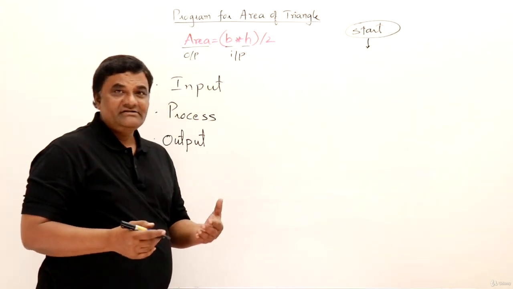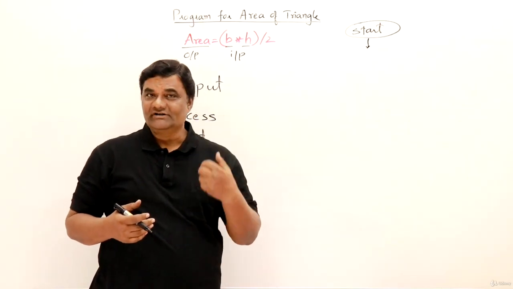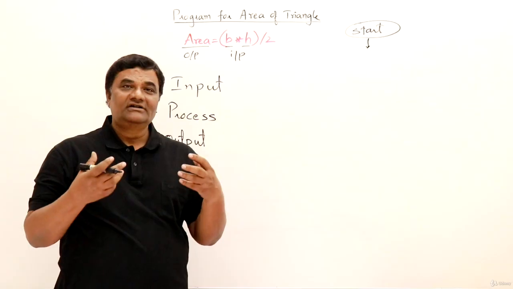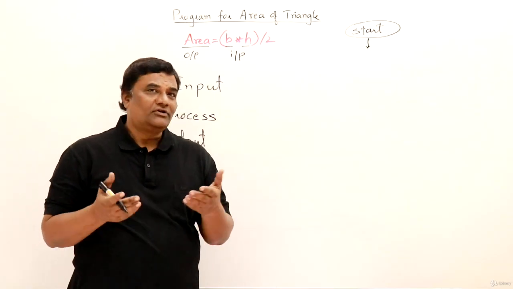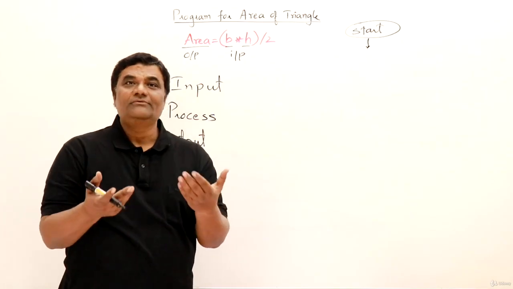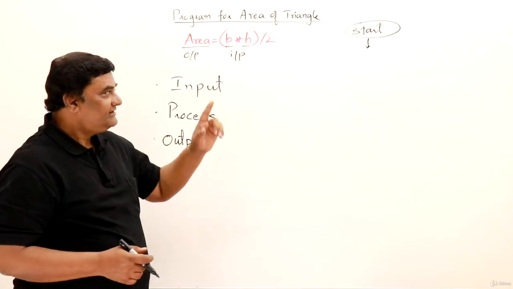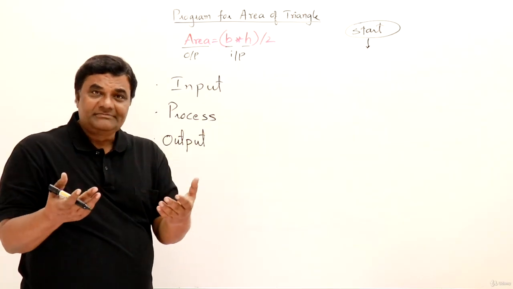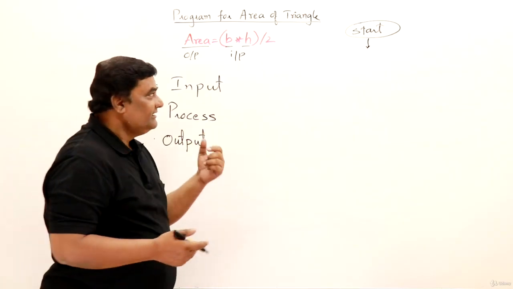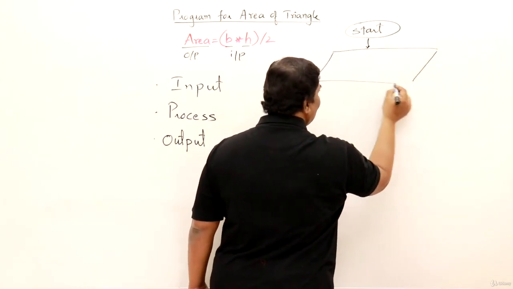Now next, we should take input. Imagine I am a program and you are using the program, so you are a user. I have to find out the area of a triangle. Then what should I know? I should know what the base and height are. Then I should ask you, tell me what the base and height are. So I should take input from you. First of all, I should ask, please enter base and height. That can be written using a parallelogram, the input and output box.